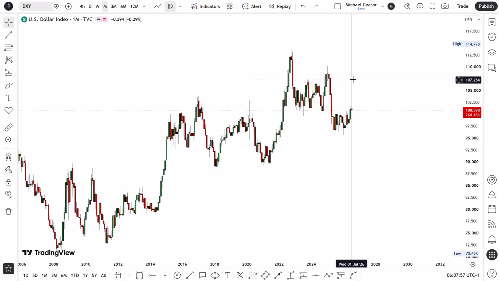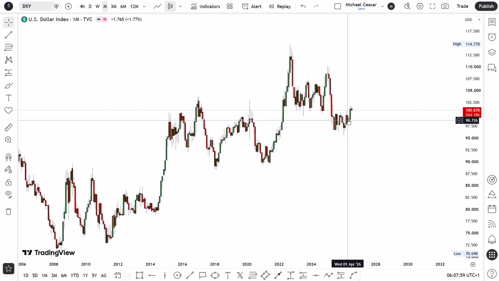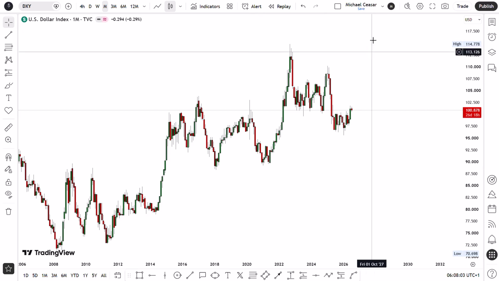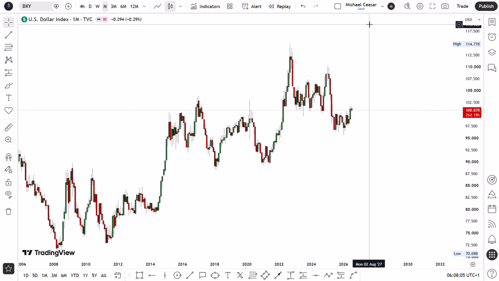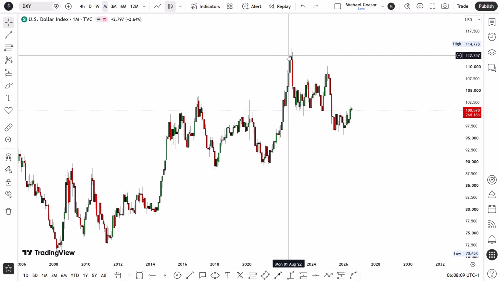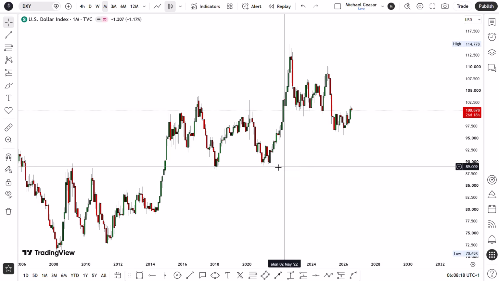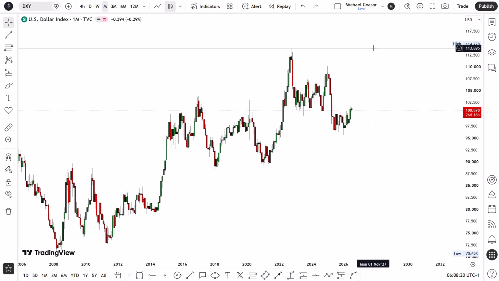So from this pattern alone, I already know that if this trend sustains, DXY is coming to create a higher high. Even if it doesn't, DXY will potentially create an equal high, or at least touch this region. So from price action alone, I already know that DXY is pushing to the upside.